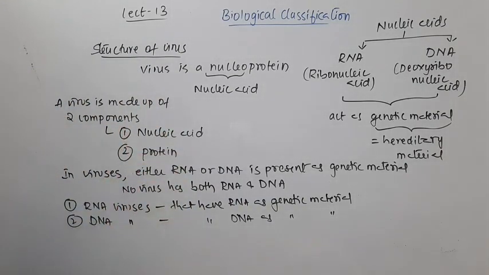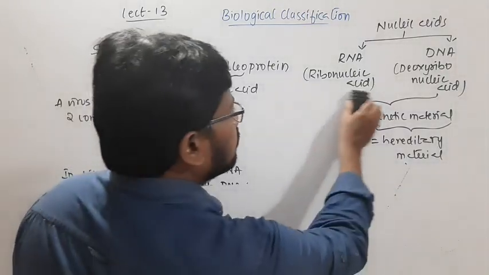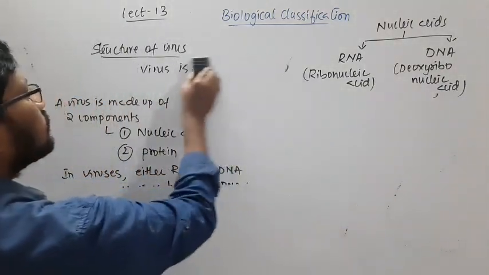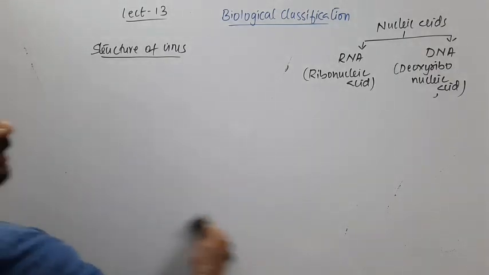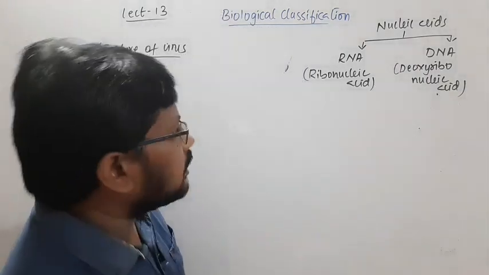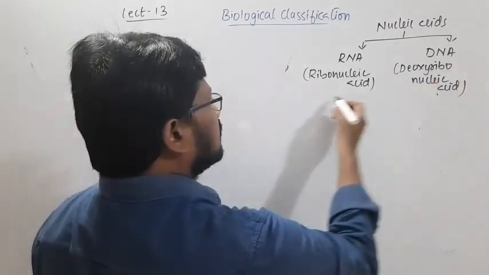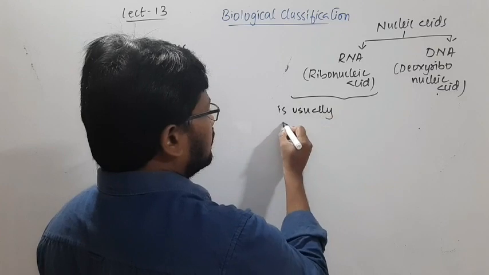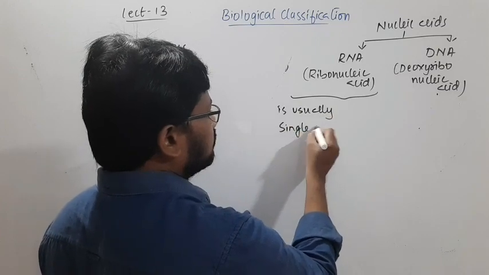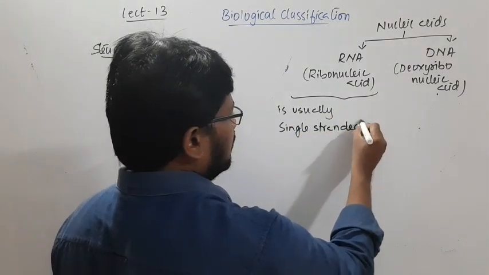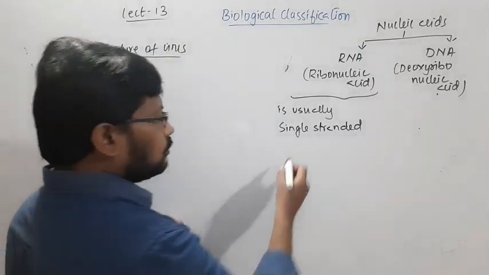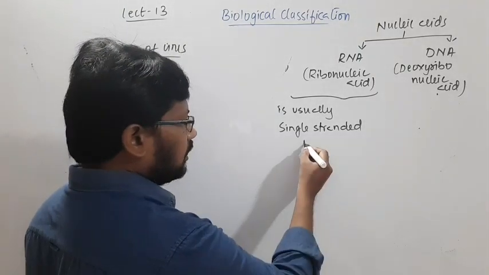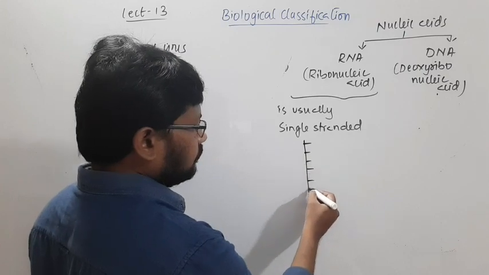So this is what the virus is made up of, right? Next, one point. In case of RNA, this RNA is usually single stranded, which means that it is made up of only one strand.